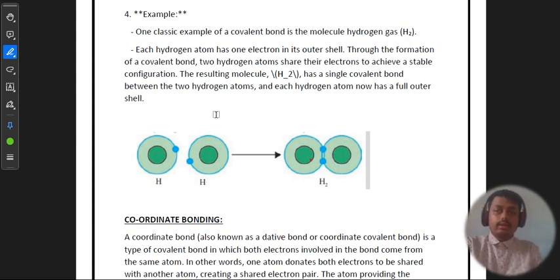Each hydrogen atom has 1 electron in its outermost shell, and through the formation of a covalent bond, the hydrogen atoms share their electron to achieve a stable configuration.